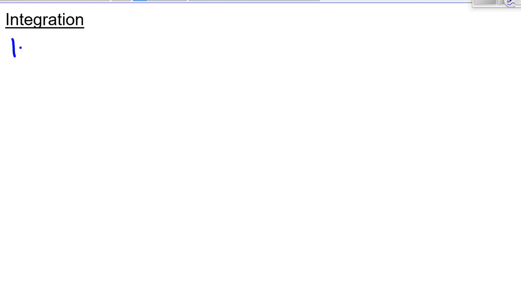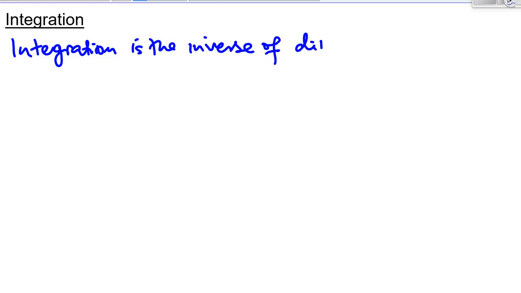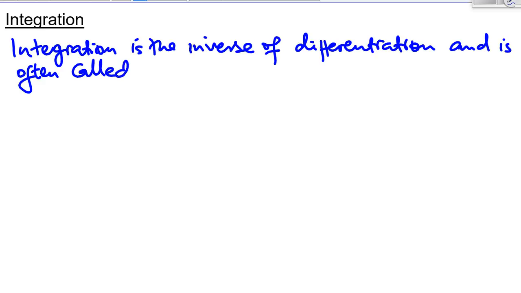So integration is the reverse process of differentiating.